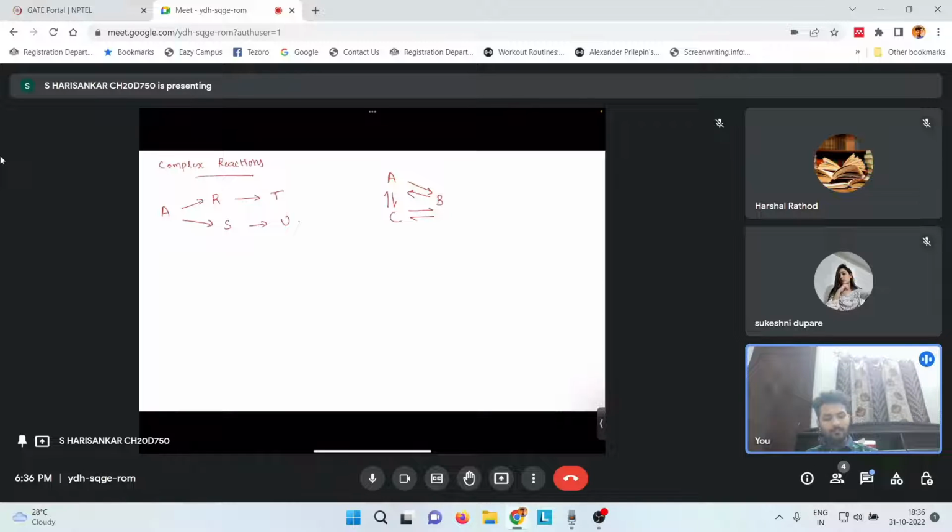So this is a cyclic reaction. So this will be K1, K minus 1, this will be K2, K minus 2, and K3, K minus 3. So this will be K1 here, K2 here, K3, K4.